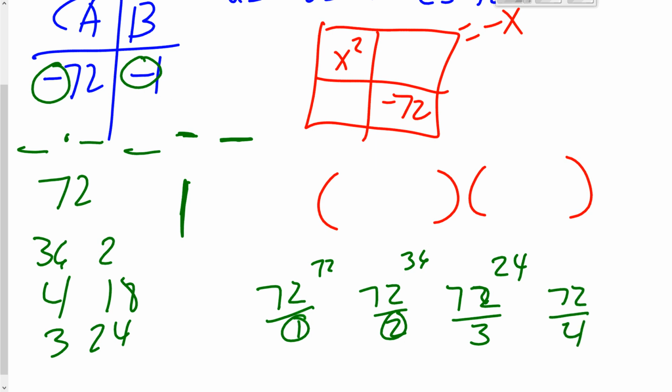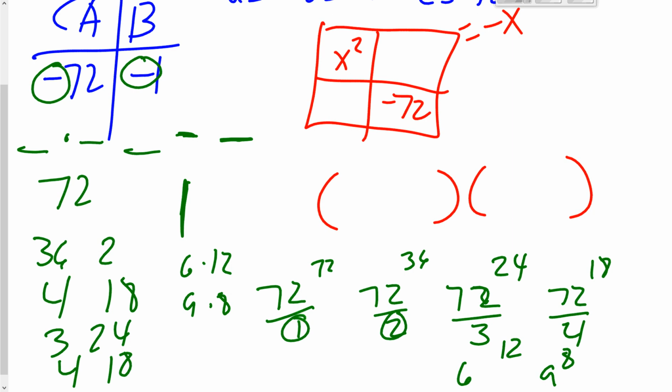That's 18, right? So 4 and 18, and you can just keep on going. And then 6 and 12, right? 9 and 8, and you keep going all the way till you start repeating itself, right? So there they all are, 4 and 18, 6 and 12, right? If I'm 6 feet tall, I'm 72 inches tall, and then 9 times 8.